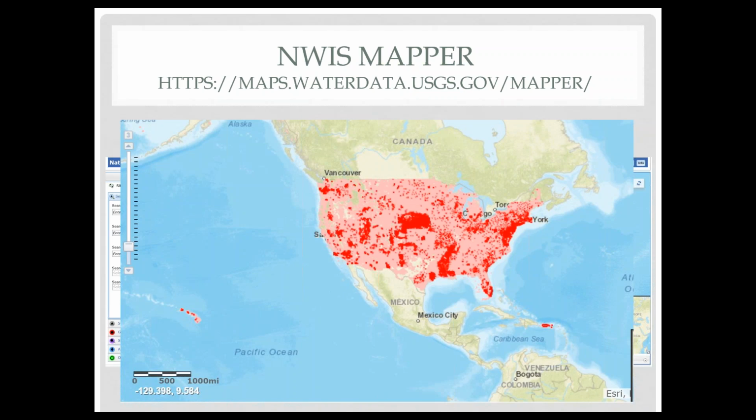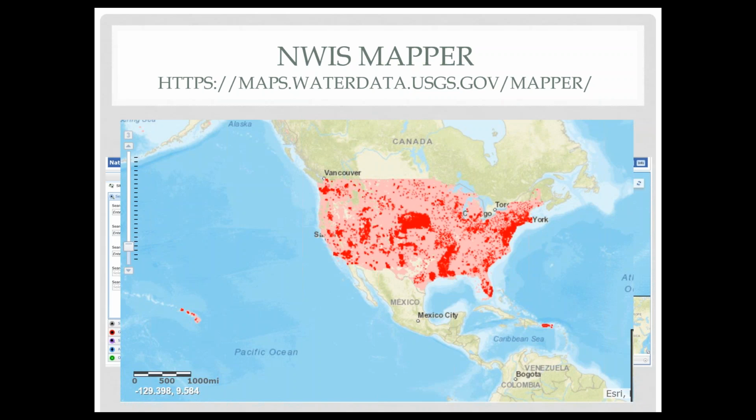That doesn't mean that they won't have one soon, but as you can see, we have a large number of sites across the nation. And as I mentioned earlier, the purpose for this data collection varies quite a bit, so many of these may not meet the needs of a specific study.